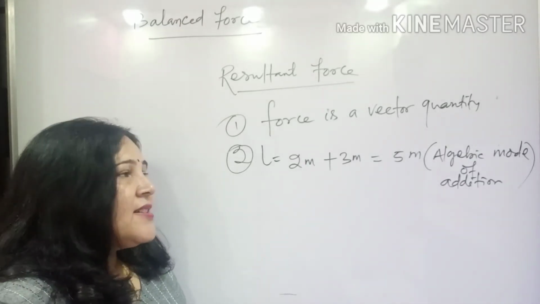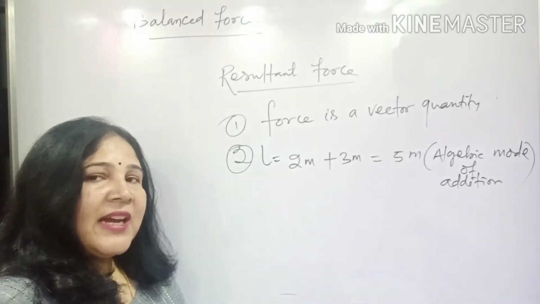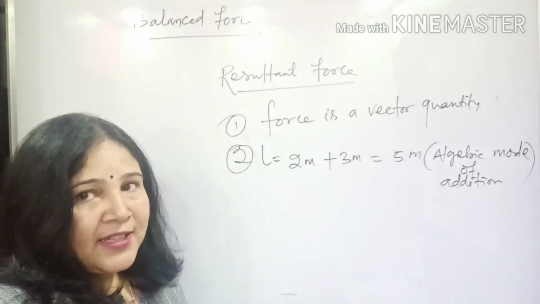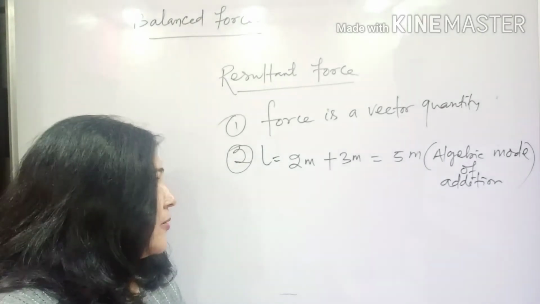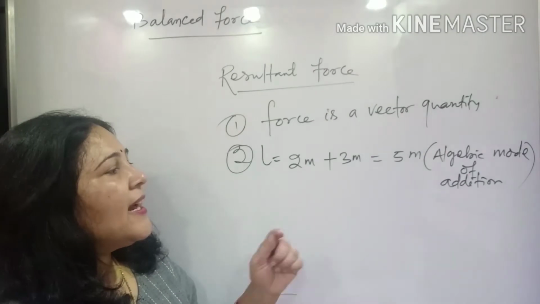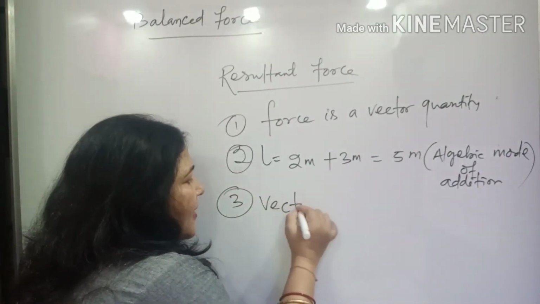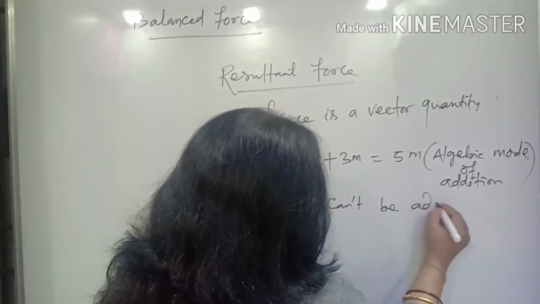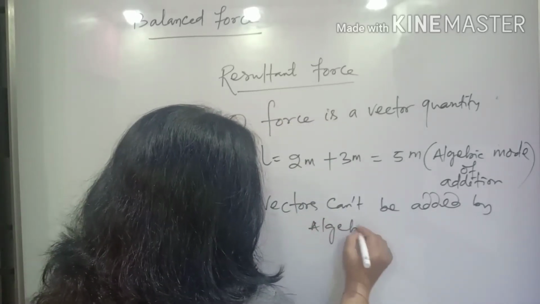Vectors are added vectorially. How that is done I will not discuss because it is not in your topic; you will study it in class 11. For now we only need to know that vectors cannot be added by the algebraic method.